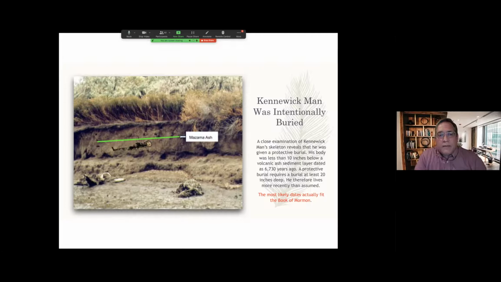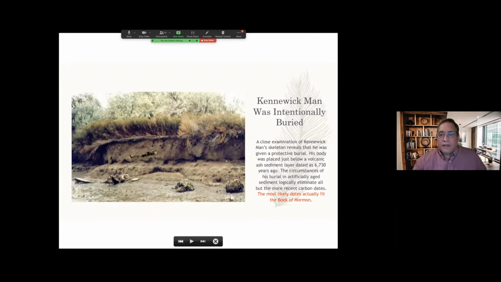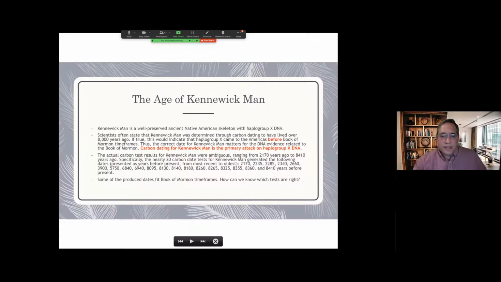We know that the Mount Mazama volcanic event has been commonly dated as 6,730 years ago. So since Kennewick Man was given a protective burial, he had to have lived more recently than the Mount Mazama volcanic ash event, which means that the 8,000 to 9,000 year old carbon dates are impossible. And if you eliminate those, the remaining carbon dates fit the Book of Mormon.